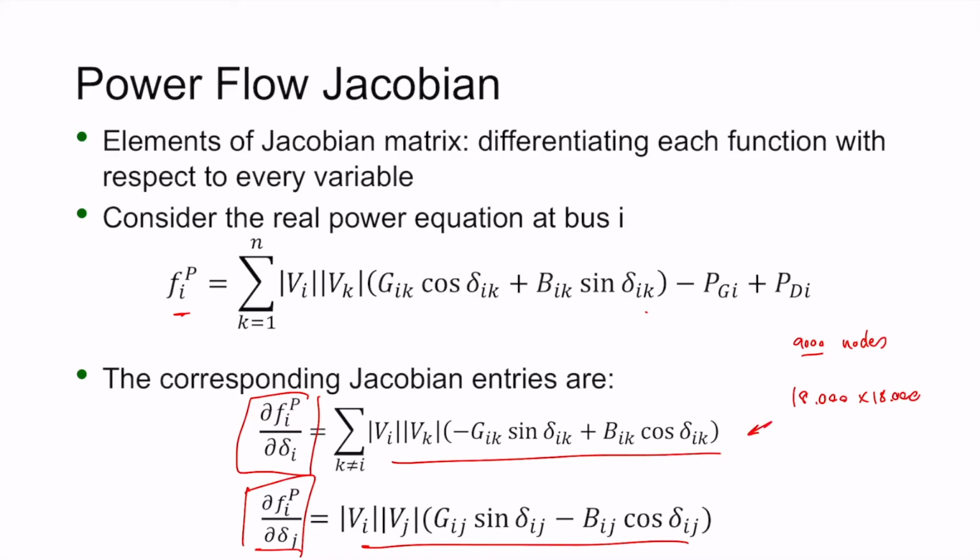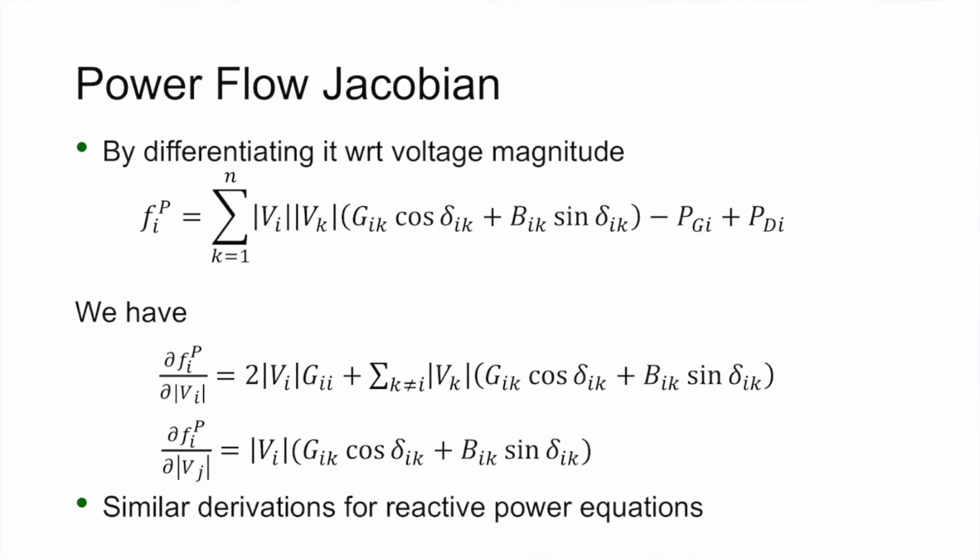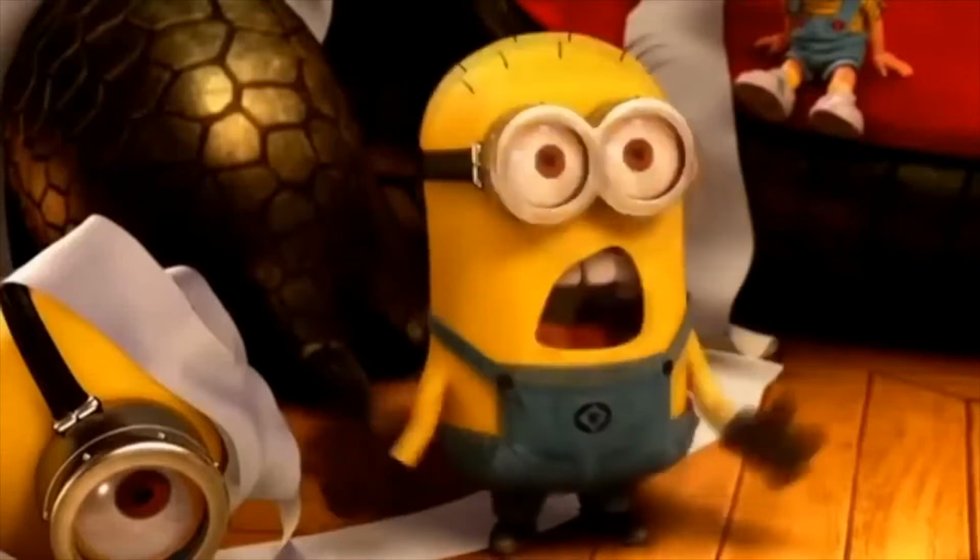At least we can compute the analytical expressions for each element of this very large matrix. A similar thing we can do for the equation with regard to active power, finding the derivative with regard to these voltages. In that sense, we can build this Jacobian. What will not be possible is the construction of the inverse matrix as an analytical function.